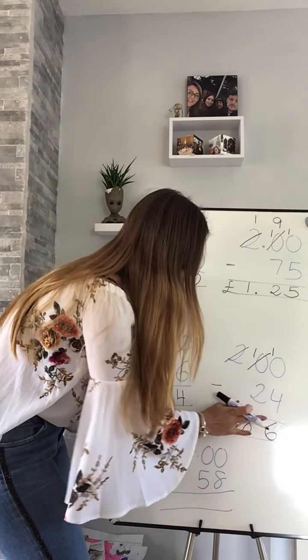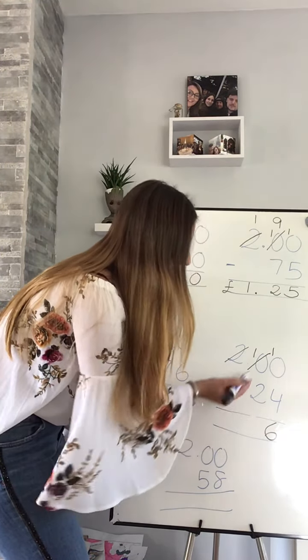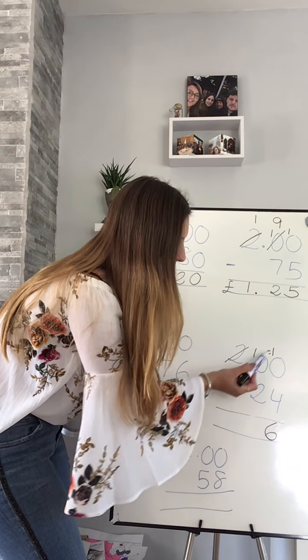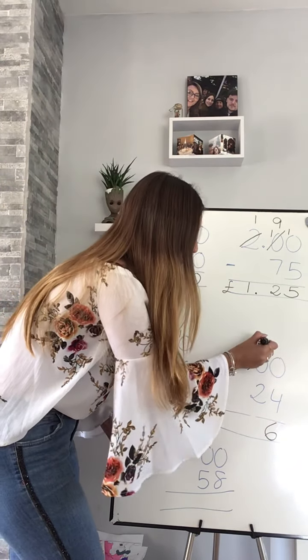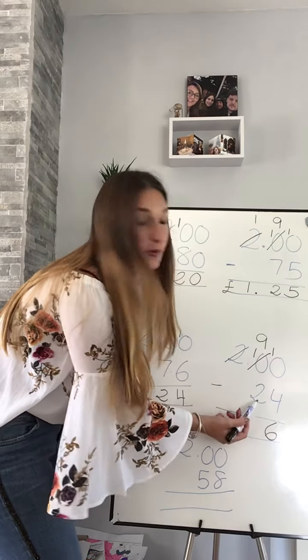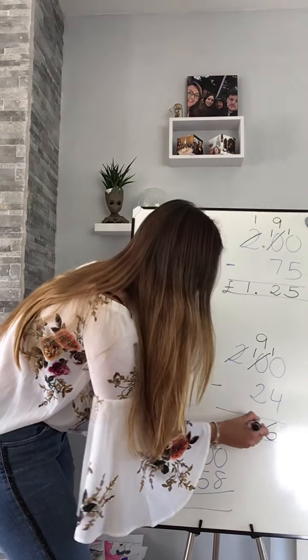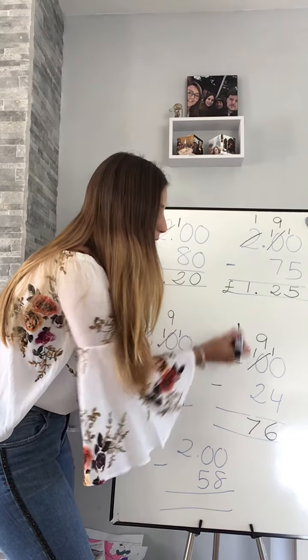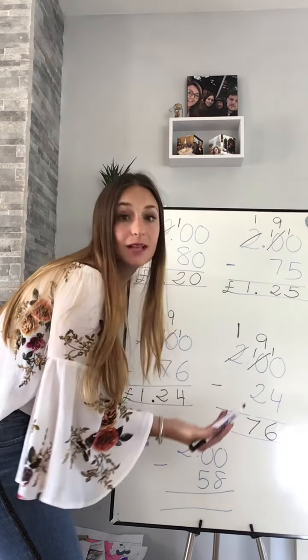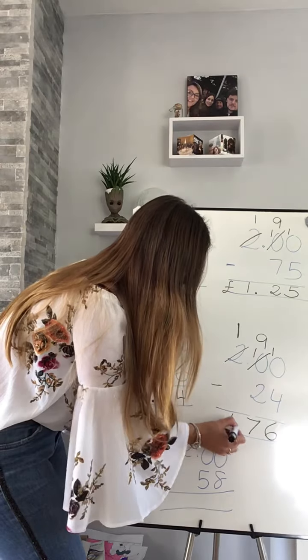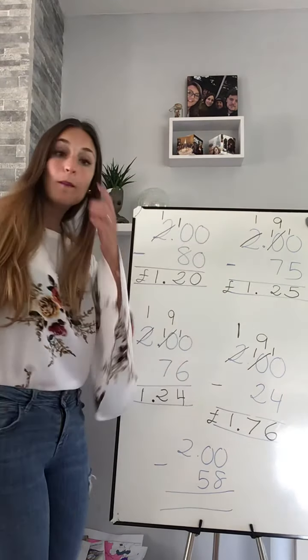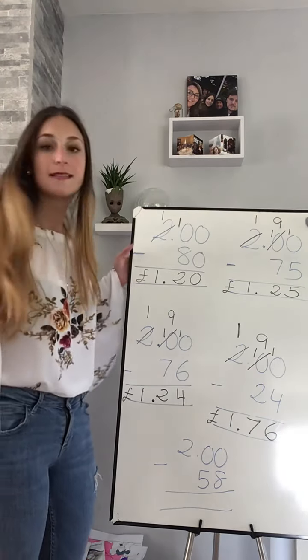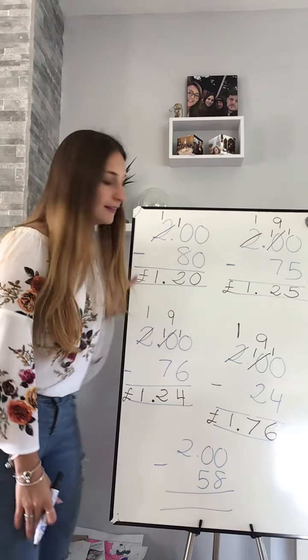And, oh, sorry, I made a mistake because I didn't change it before. 10, but I borrowed 1, so that turns into a 9, sorry. 9 take away 2 is 7. And then my 2, I borrowed 1, so it turns into a 1. 1 take away nothing is 1. So the answer is £1.76. Nearly had it wrong there.